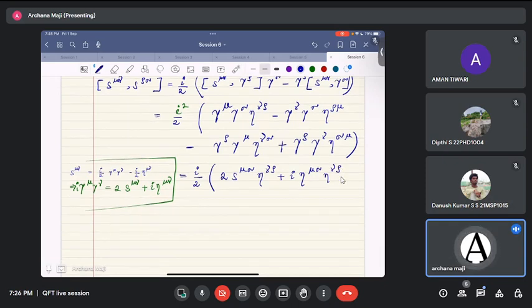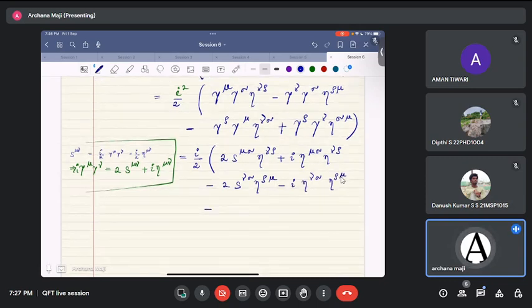Now the second term, we have gamma nu gamma sigma, so this will give us S nu sigma eta rho mu minus i eta nu sigma eta rho mu.